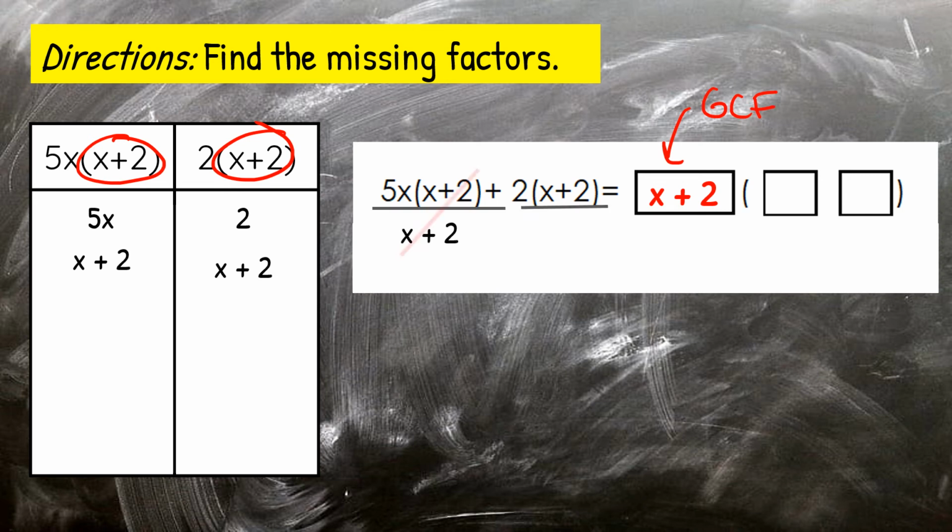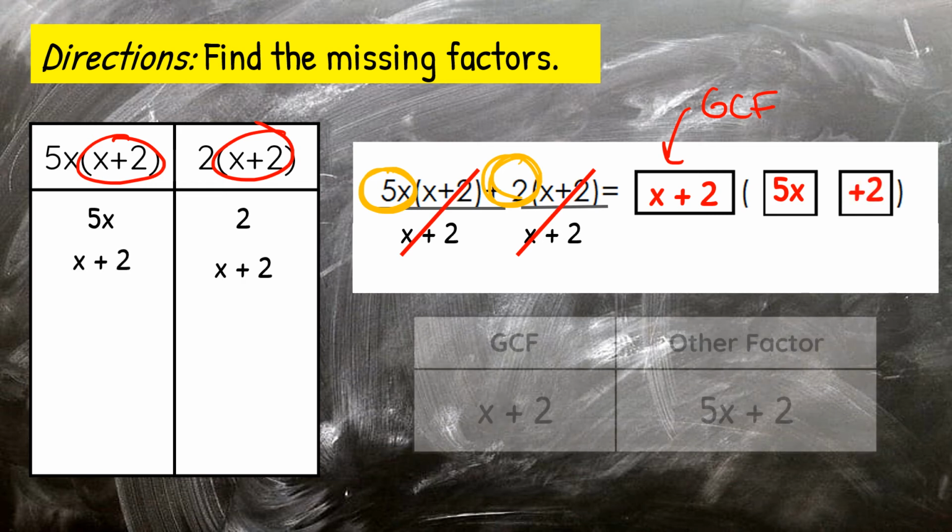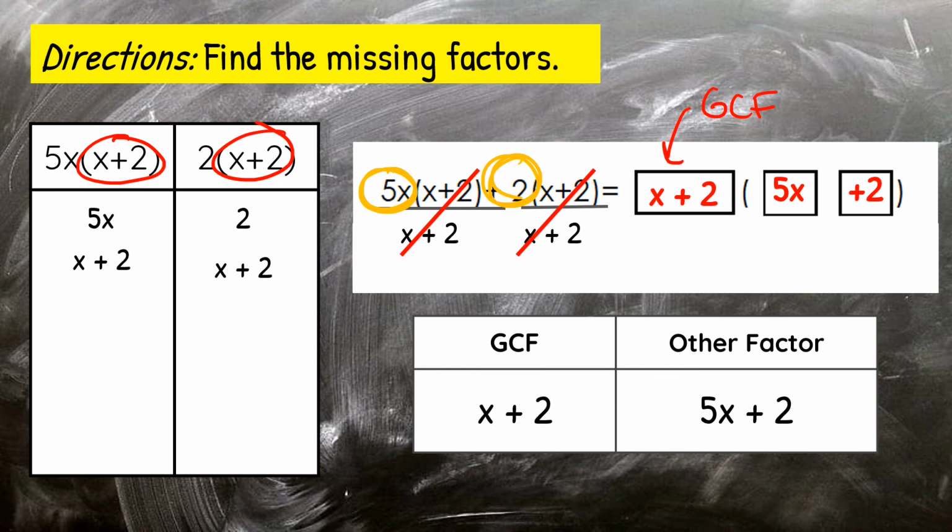We divide everything by the GCF, and it crosses out, and we're left with 5x and 2. So our GCF was x plus 2, and the other factor was 5x plus 2.